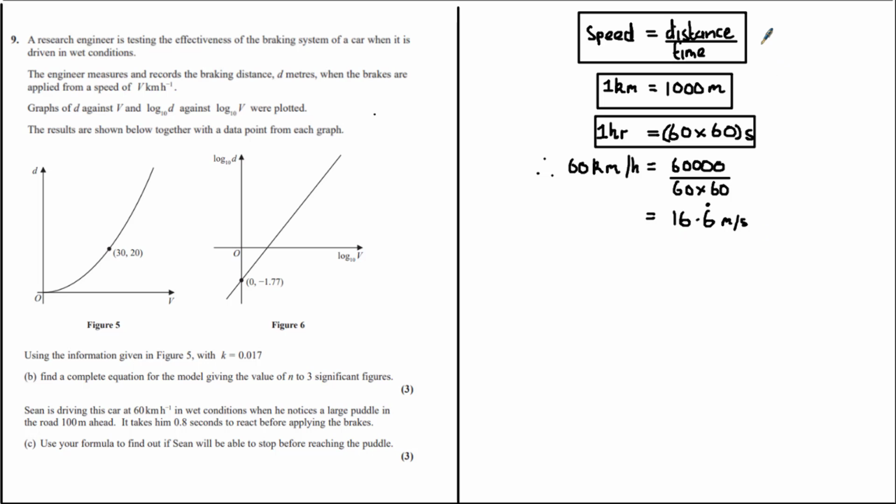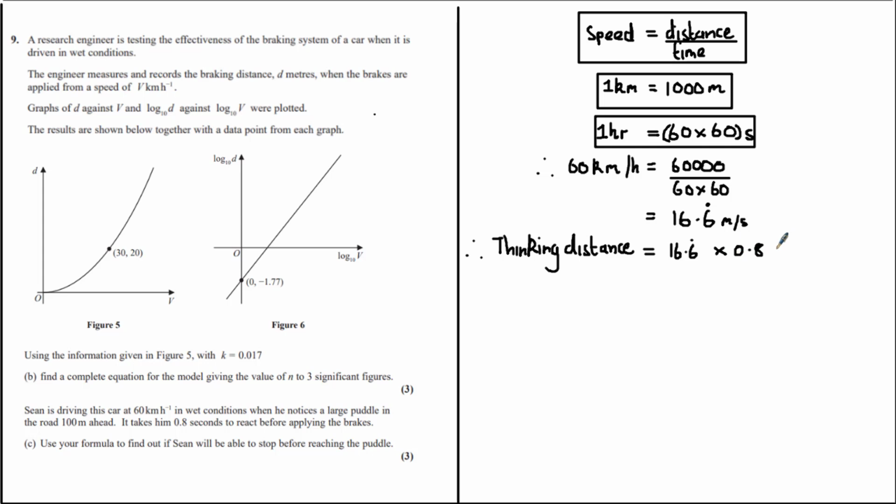We can use this formula to work out the distance in meters by multiplying the speed by the time, which was 0.8 seconds. So therefore the thinking distance is equal to 16.6 recurring multiplied by 0.8.